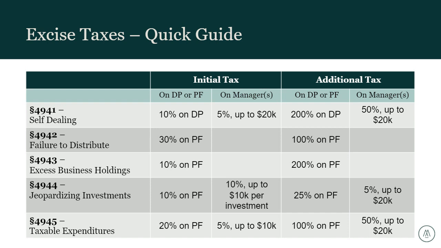So as you can see, these taxes are quite significant, and they're even fairly significant on the initial tax, but you certainly don't want to enter the additional tax scenarios. When you are subject to one of these taxes, you will have to report them on your 990-PF, but then the actual tax is calculated and paid via a Form 4720.